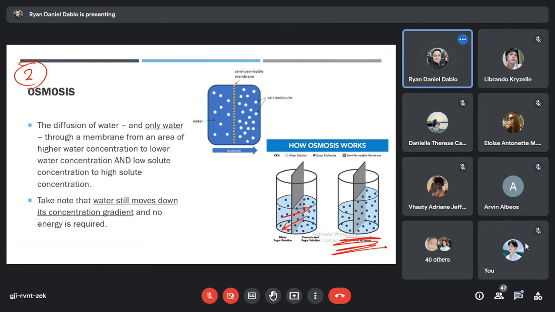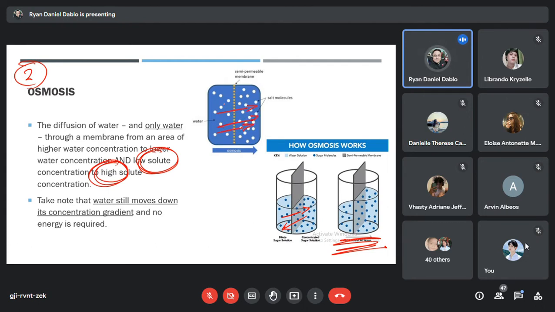Take note that the water still moves down its own concentration gradient, from where there's more water to where there's less. But another dimension is that it is also moving from an area of low solute concentration, more water, less solute, to an area of higher solute concentration, as you can see here.